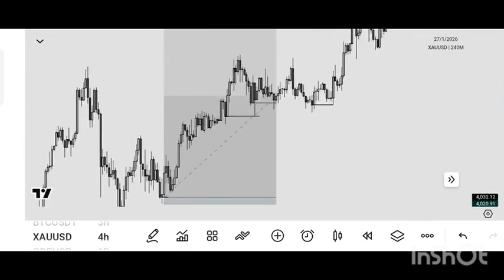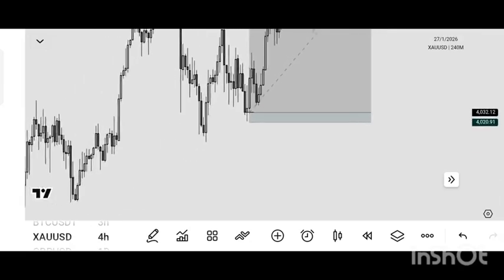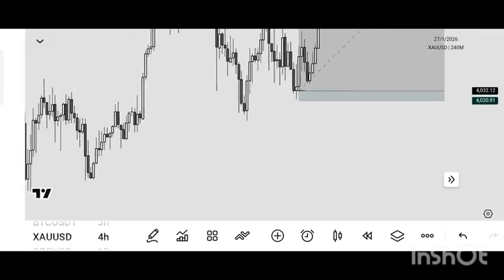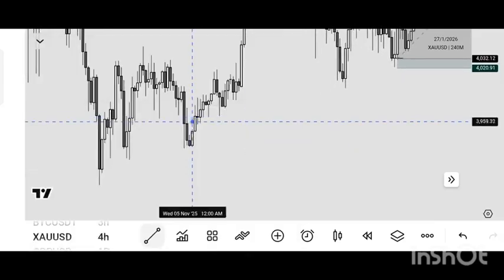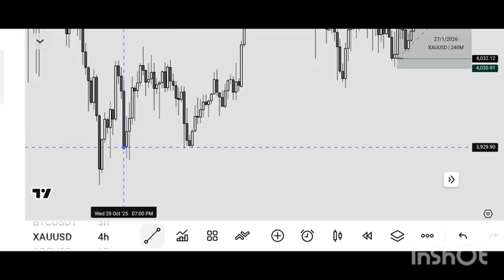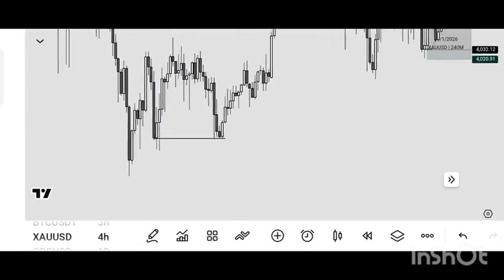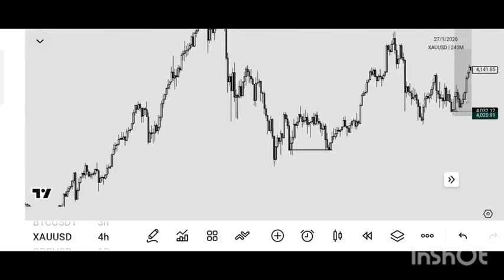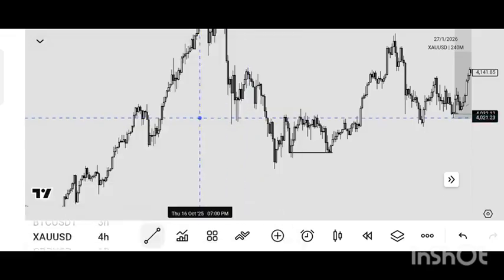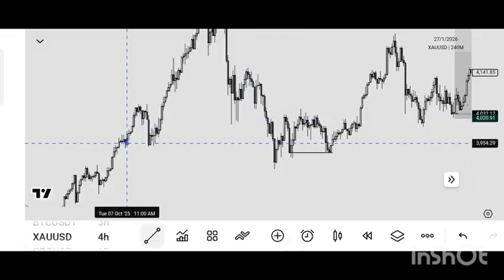That was where price reacted from. Look at this as well. I'm trying to show you all the V-shaped key levels here. Look at this as well, a V-shaped key level. That was where price still reacted from. What's this again? A V-shaped key level for buys.